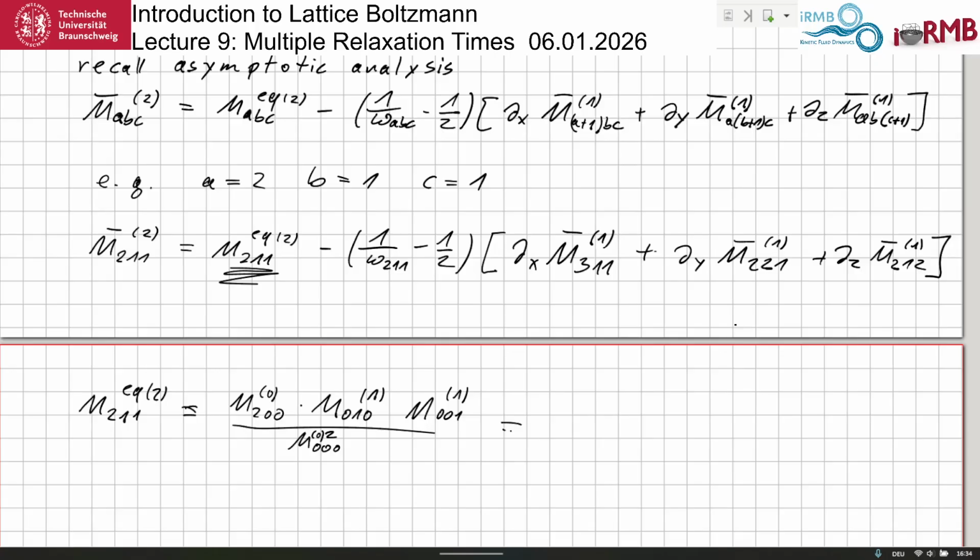And this we can identify as rho to 0 order theta, velocity in y direction, and velocity in z direction, which we write with W.